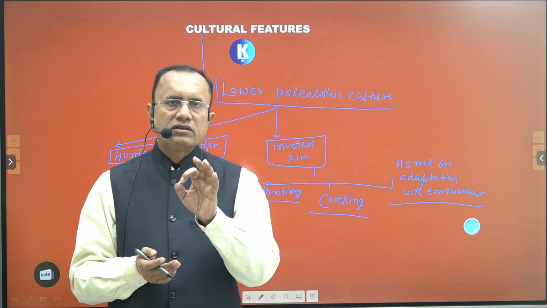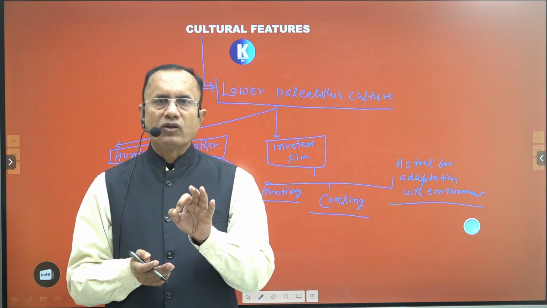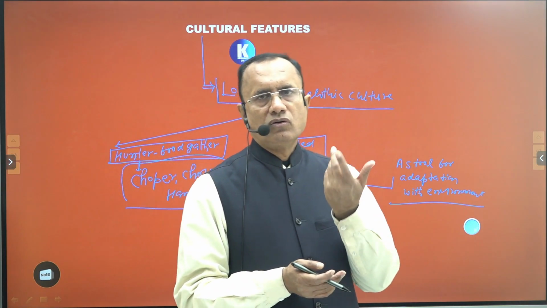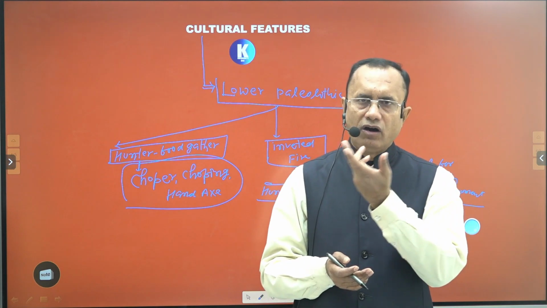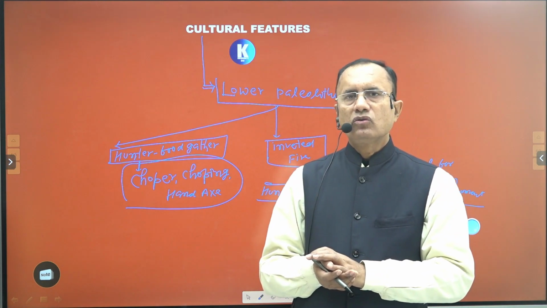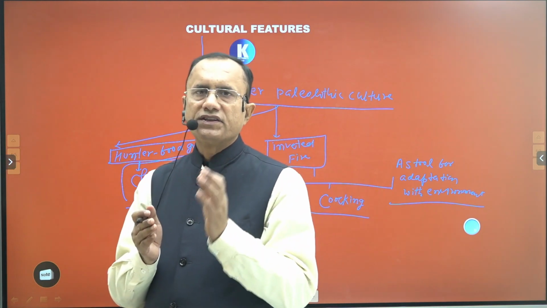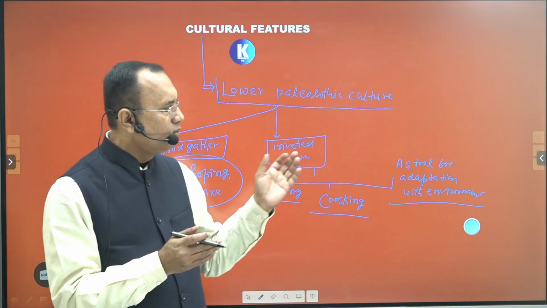Both were concentrated in Africa. We have no evidence about the Homo habilis from Europe or Asia. So, Homo erectus was first fossil man who lived in Asia, Africa and Europe.